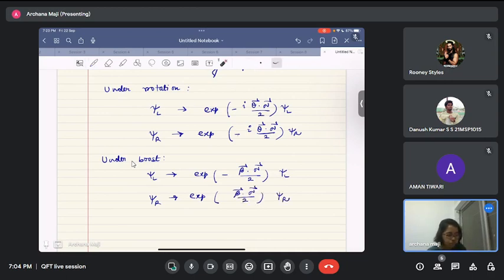So we know the transformation properties of these Weyl spinors because we have chosen that Weyl basis in which the generators are block diagonal. The transformation matrices are block diagonal.